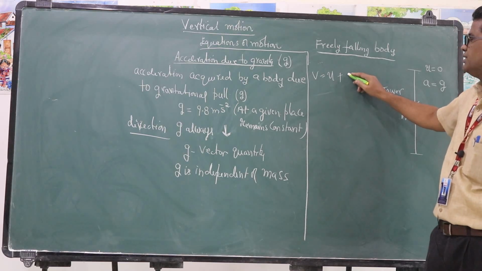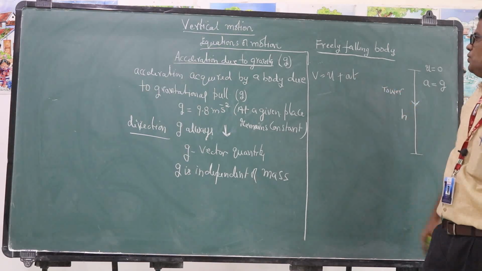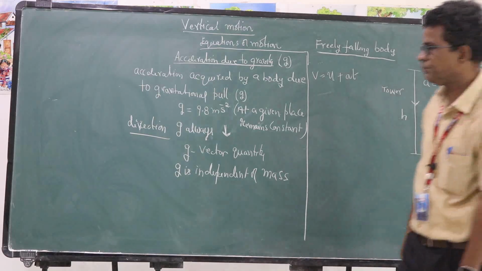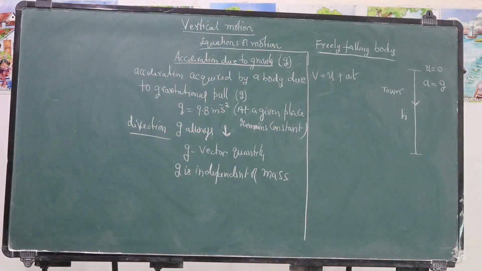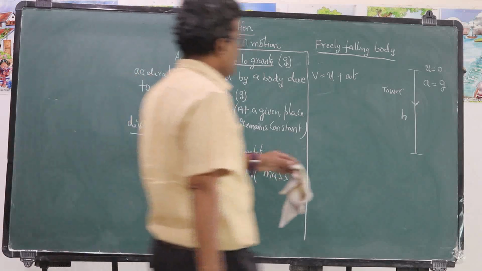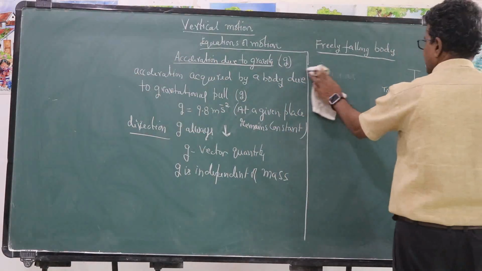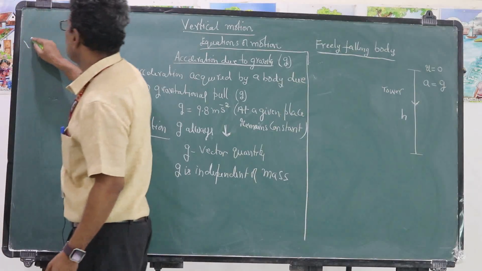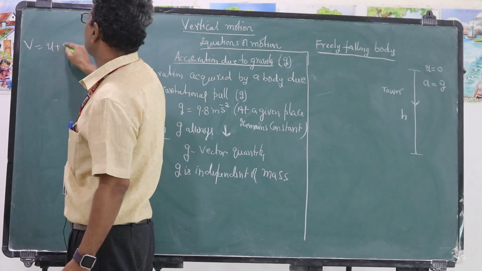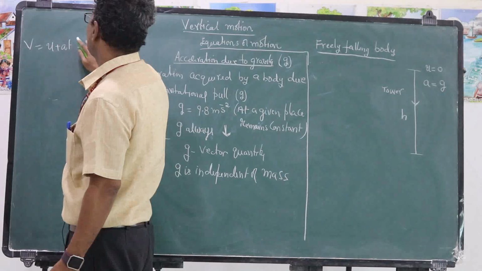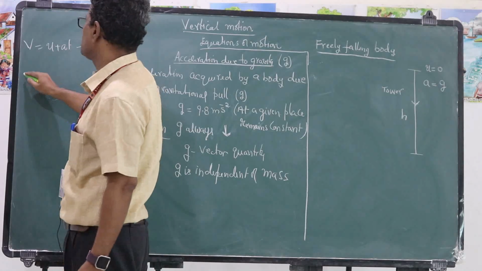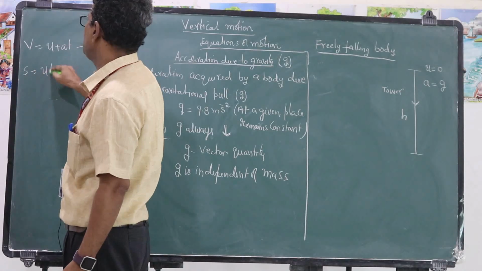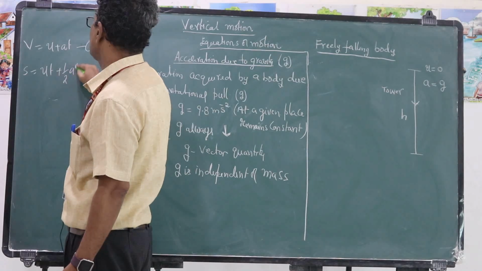The second one is s is equal to ut plus half at square.